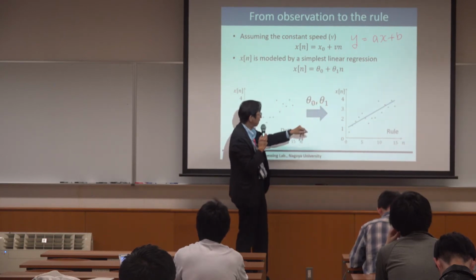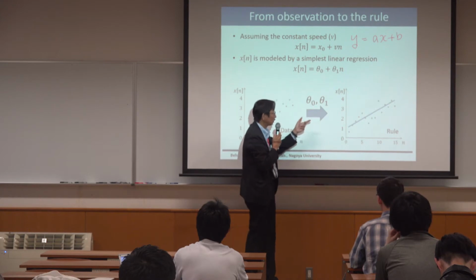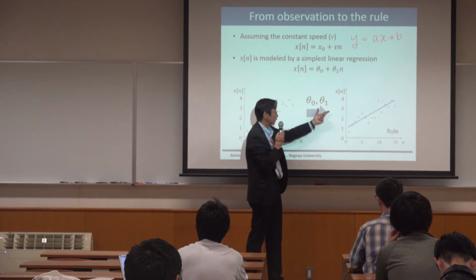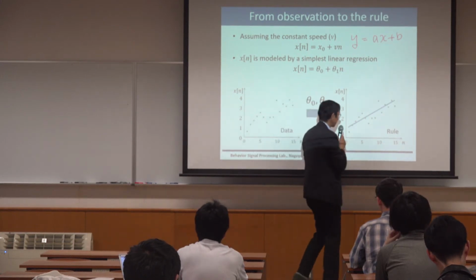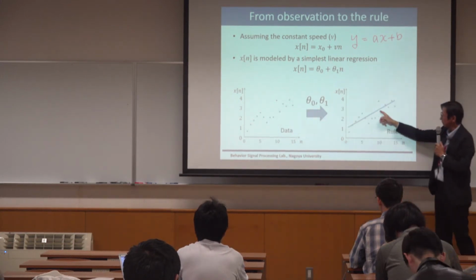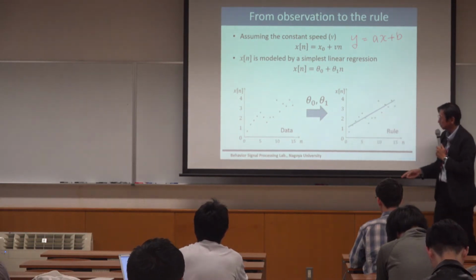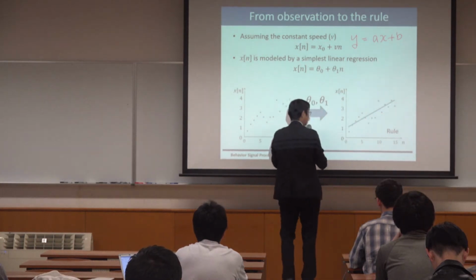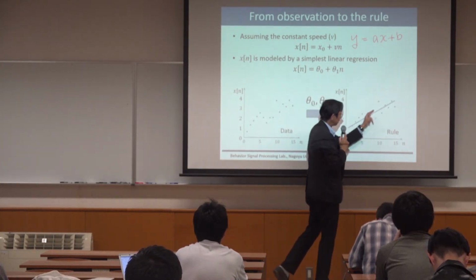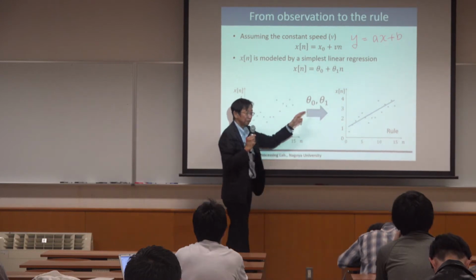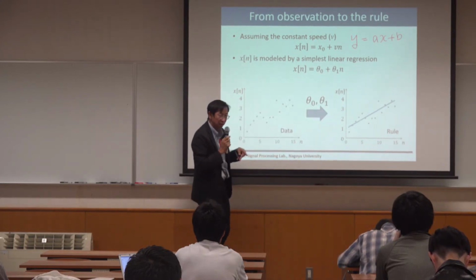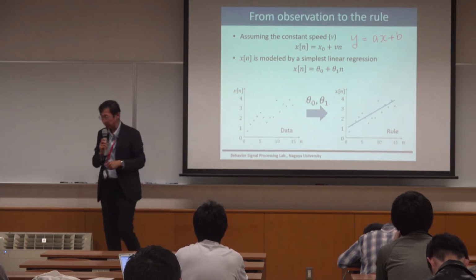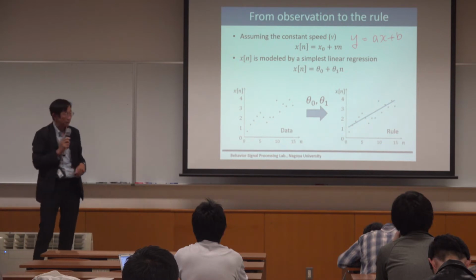When you solve that problem, in other words, you find the optimal theta 0 and theta 1, then you can plot this line, and this line gives you a regression of the data. Finding the optimal theta 1 and theta 0 is a technical problem, but it is easily solved by a simple linear equation. That is very good news to us.